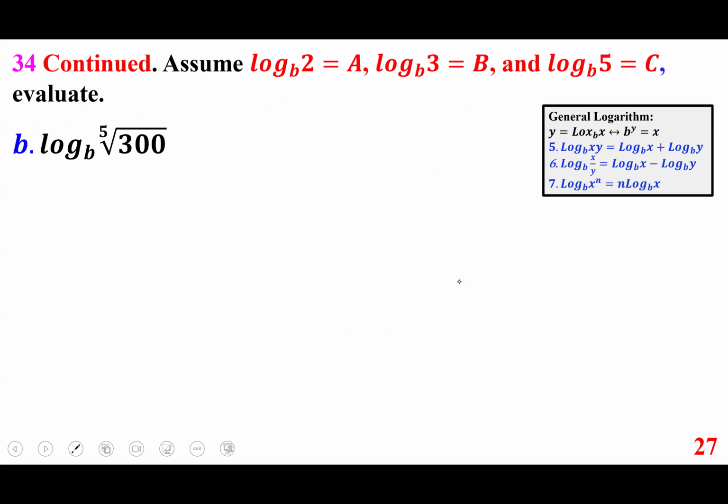What about this one? We want log base b of the 5th root of 300. Again, we are continuing. This is part B of the question with the same given log 2, log 3, and log 5, all of them with base b given as a, b, c. Let's see how we do the math.